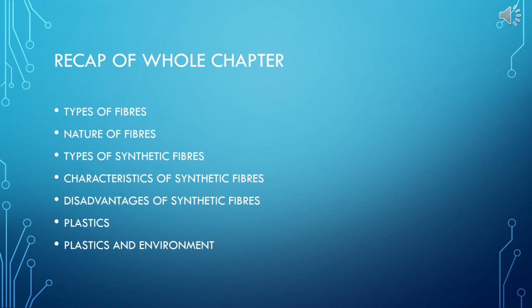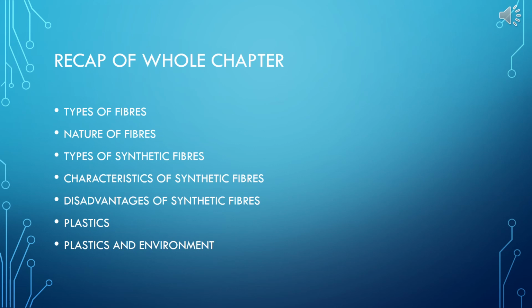Then we did types of synthetic fibers, that is rayon, nylon, polyester and acrylic. Then characteristics of synthetic fibers, that they are soft, smooth and low absorption of water, and they are strong, etc. Then we did disadvantages of synthetic fibers, that they melt and burn easily.